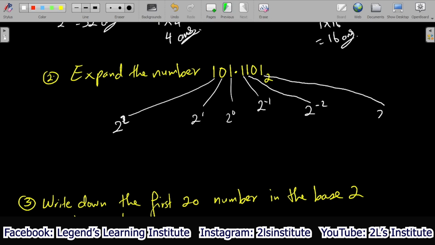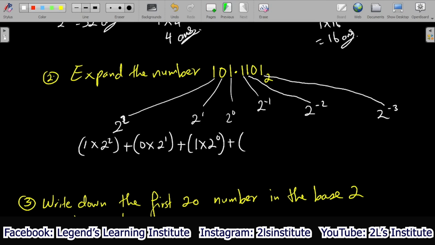So when we expand it, we would say 1 times 2 squared plus 0 times 2 to the power of 1 plus 1 times 2 to the power of 0 plus 1 times 2 to the power of negative 1 plus 1 times 2 to the power of negative 2 plus, right?